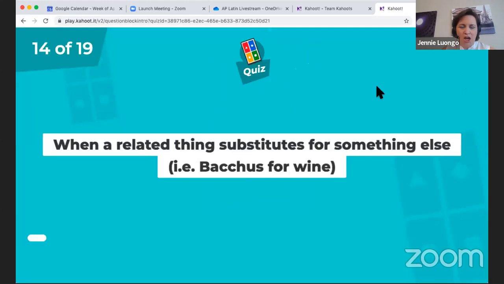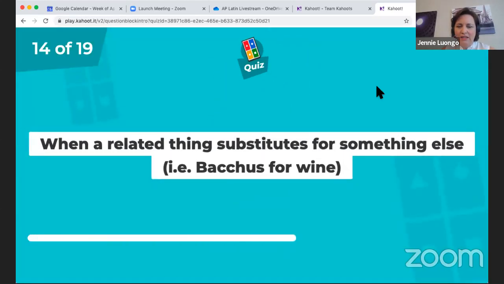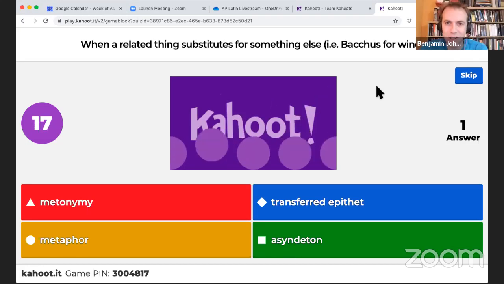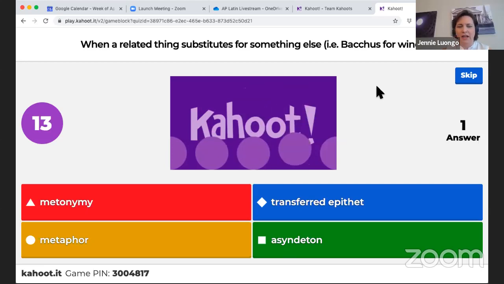Nicely done. All right. When a related thing substitutes for something else, like when we have the word Bacchus instead of wine, which of these things would that be? Metonymy, metaphor, transferred epithet, asyndeton. I think that example is a good one. Bacchus in place of wine. Exactly. Is it today that we're going to see Cerem standing for grain, or is that tomorrow? I think it's tomorrow.